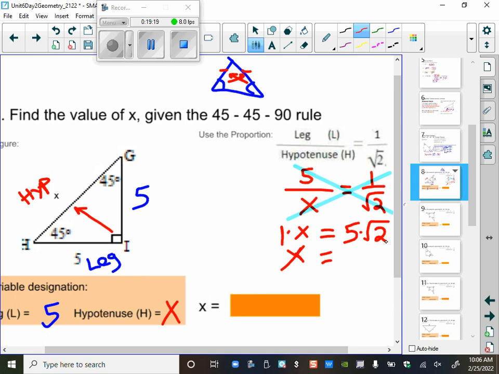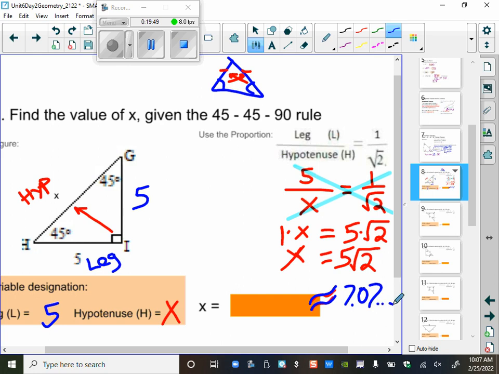now I understand where you got the 7.07 because you multiplied 5 times 1.414. Right, the final numerical answer, if you multiply 5 times square root of 2, would be that 7.07.